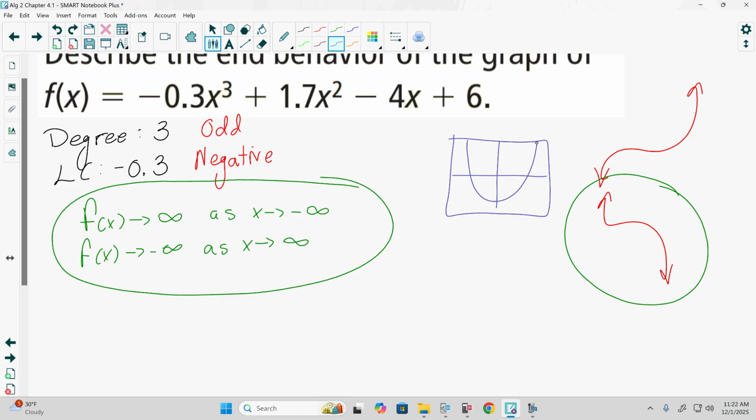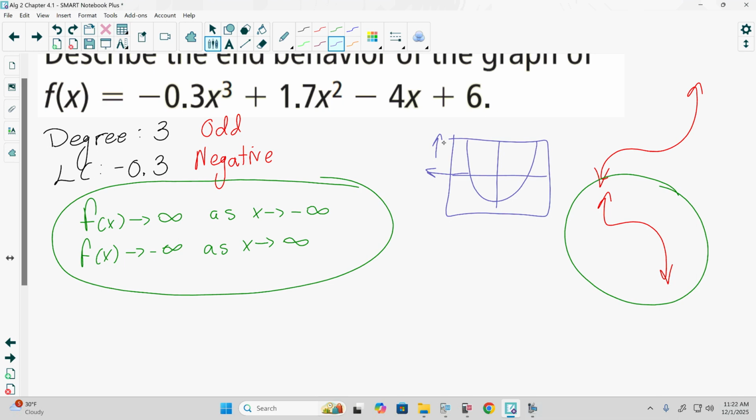Well, it's odd, so they're going to have to go in opposite directions. This here shows us that they're both going up, which means one of the two sides is going to have to go down. I know that f of x approaches infinity as x approaches negative infinity. As we go to the left, this function should eventually go up. It is indeed doing that, yes?